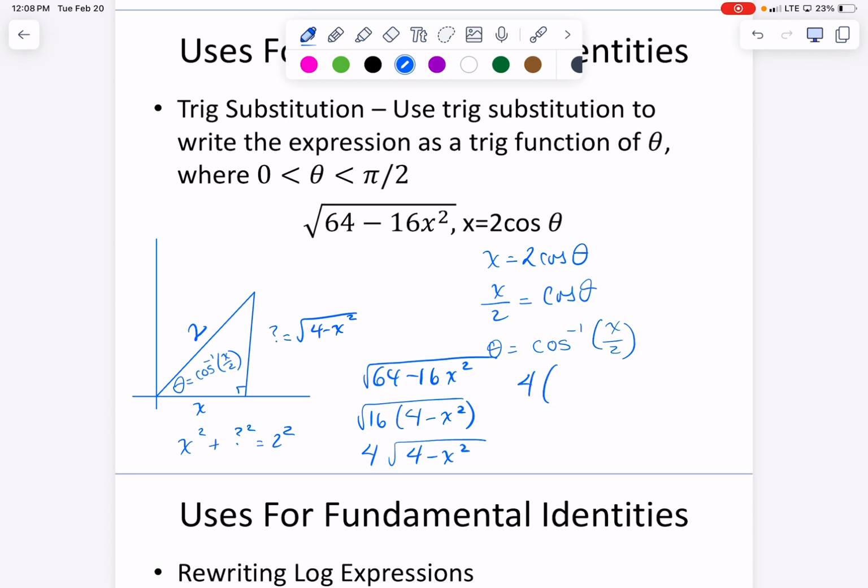So 4 times the square root of 4 minus 2 cosine theta squared. In place of x, I'm writing what x is equal to: 4 minus 2 cosine theta squared.